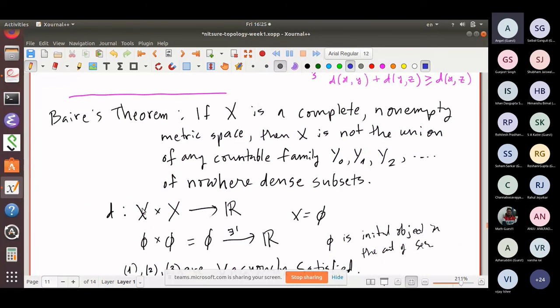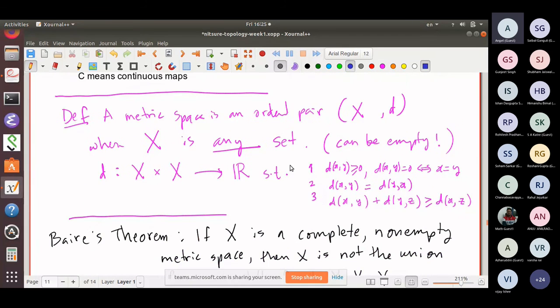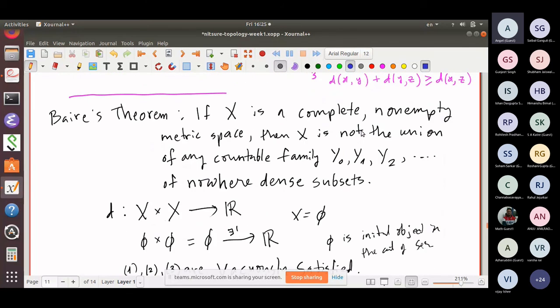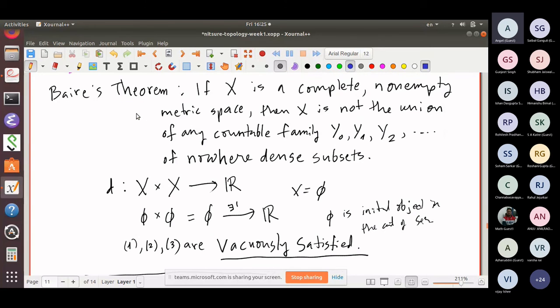And then I also told you that for metric spaces, I'll allow the underlying set to be empty. Then I told you that because your various books automatically assume non-empty, in the statements of some theorems they don't mention that because they already assume non-empty. So in certain theorems like Baire's theorem, you'll have to mention non-empty.